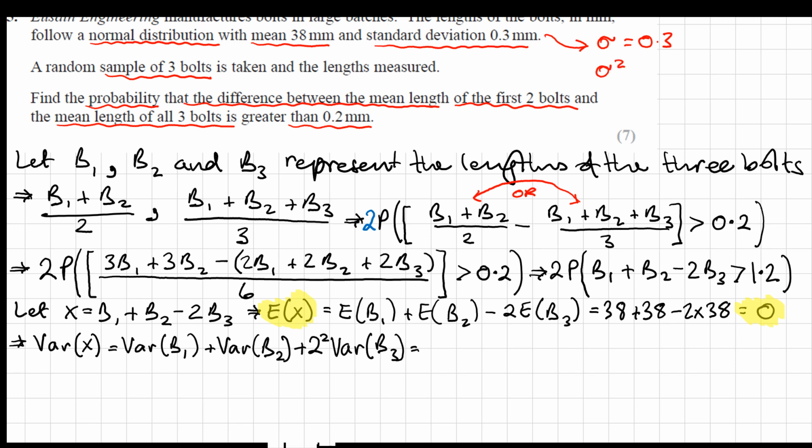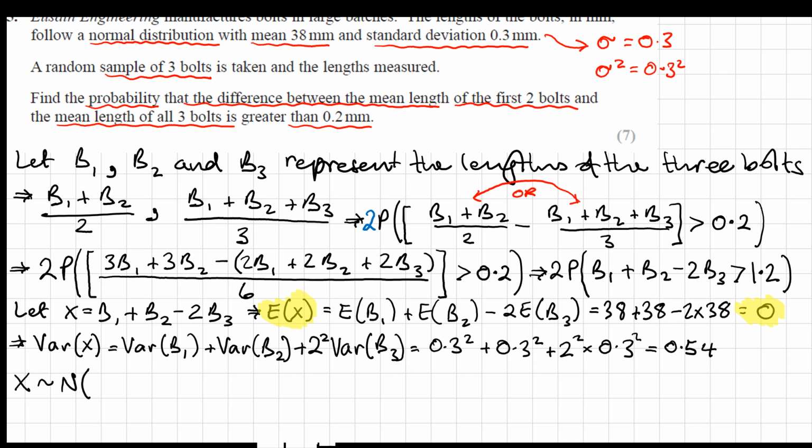So the variance is going to be 0.3 squared. So the variance of X is going to be 0.3 squared plus 0.3 squared, because the variance of B2, plus 2 squared times the variance of B3, which is also 0.3 squared. And that gives 0.54. Not 0.5 to the power 4, 0.54. Okay, now I know that X is normally distributed because we're talking about the population now.